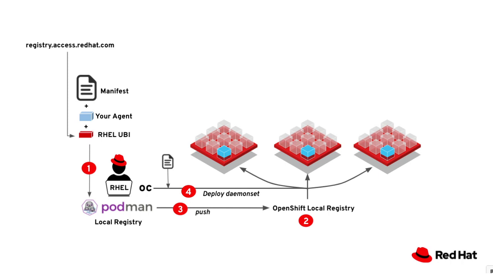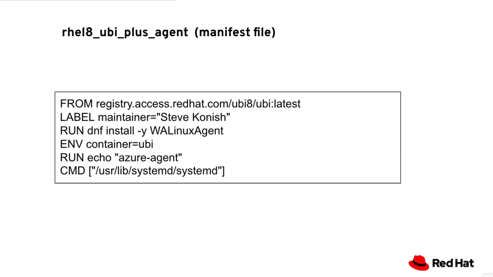So let's get started. In order to create the container with the agent, I'm going to use the RHEL UBI image. As you can see, the first line is to pull that down from access.redhat.com. Then I listed myself as the maintainer, and then I'm going to do a yum install or a DNF install of a particular agent.